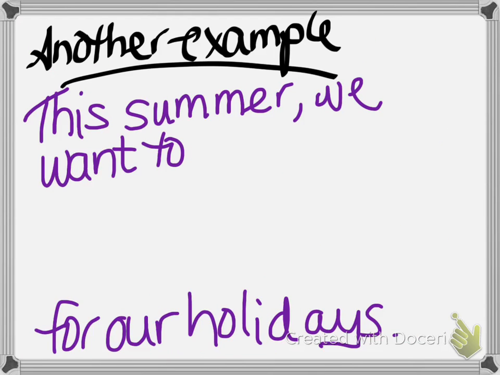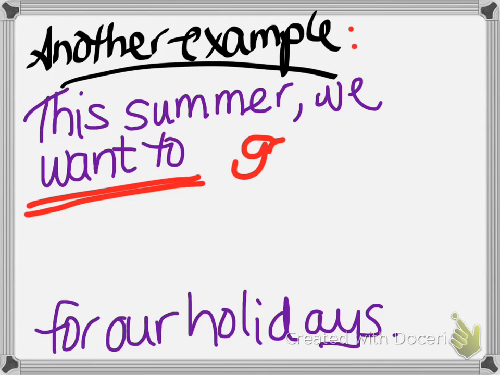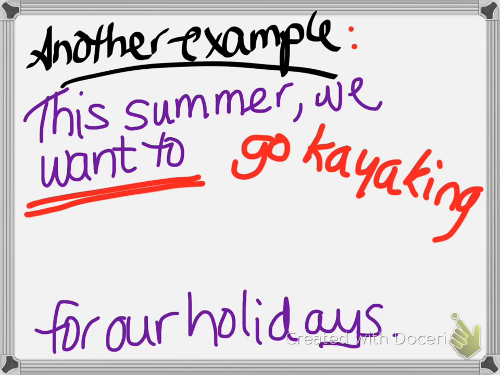You're thinking about summer vacations, you're making plans for your summer holidays. It's very common to use the want to structure for future plans. This summer we want to go kayaking. We want to travel to France.